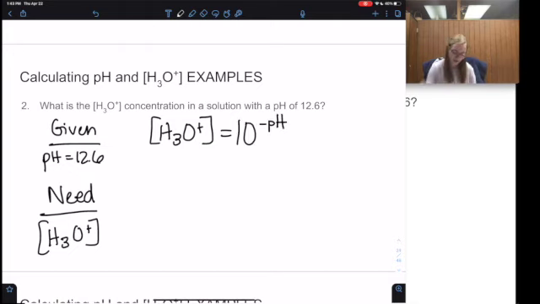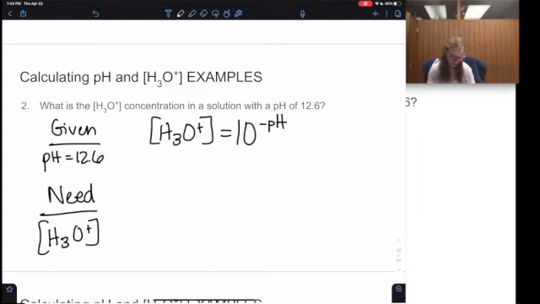So you use the first equation we just saw, pH equals negative log of the concentration of H3O+, if you're looking for pH. If you're looking for the concentration of H3O+, you should use this equation: the concentration of H3O+ equals 10 to the minus pH.